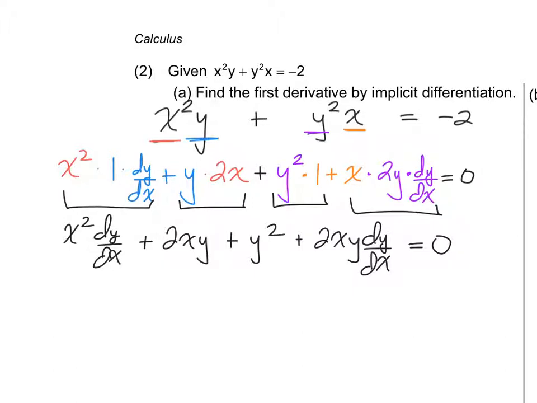So the big question would be, now what? Well, my goal is to find the first derivative. The first derivative is dy dx, so I want dy dx equals. It sounds like I need to isolate my dy dx stuff. So I'm basically going to take anything that doesn't have a dy dx attached to it and send it over to the other side.